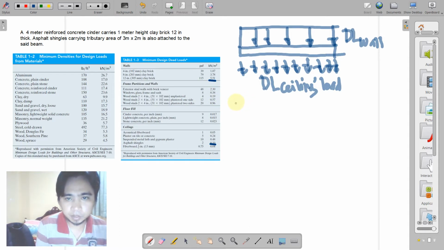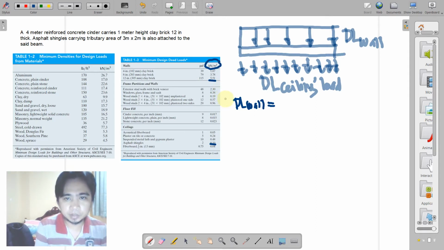For the clay brick dead load of the wall, kilonewton per square meter is already in the form of pressure.